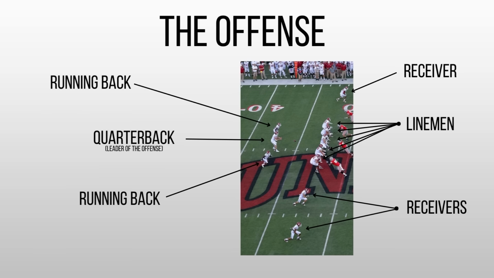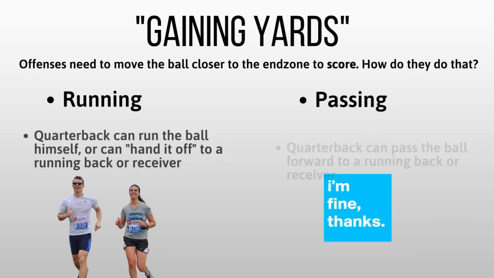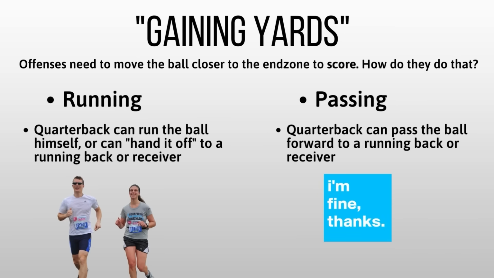Now, in order to move the ball closer to the end zone to score, offenses need to gain yards or have positive plays that bring them closer to the end zone. This is typically done one of 2 ways. 1, running the football. As mentioned, the quarterback can run the ball, or he can hand it off to either a running back or a receiver to progress the ball down the field.